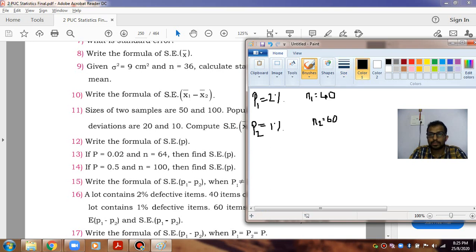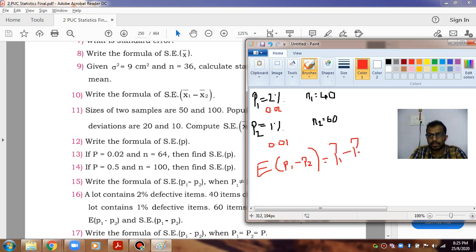2% means how much, students? 0.02, and this is 0.01. So students, what is the first question? E of P1 minus P2. How much is this answer? Very easy. Sir, capital P1 minus capital P2.